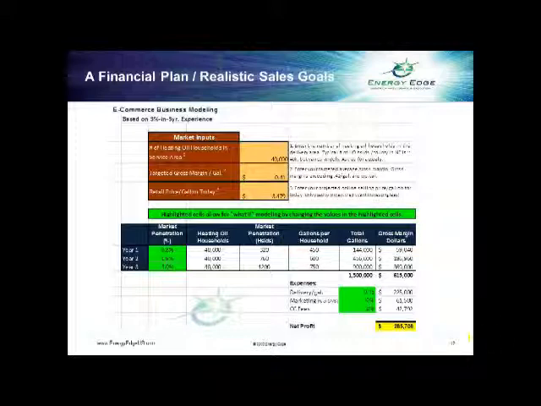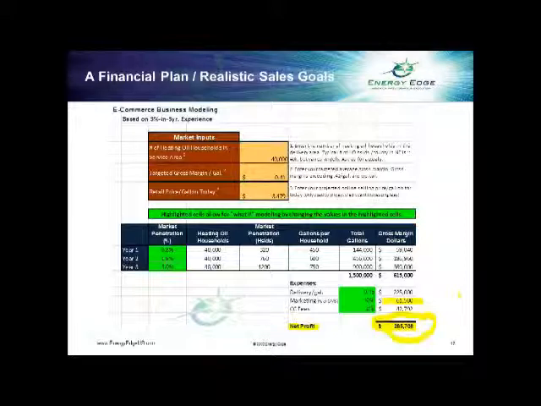In this particular case, in the first 3 years, we would expect this online business to return a net profit back to the corporation of $285,000 against an investment, with your marketing and system costs built in, of about $61,000 over that 3-year period. So you're looking at a very attractive return on the investment.